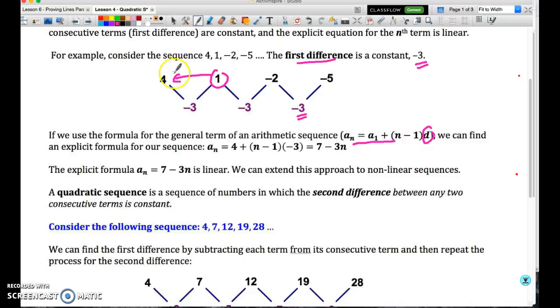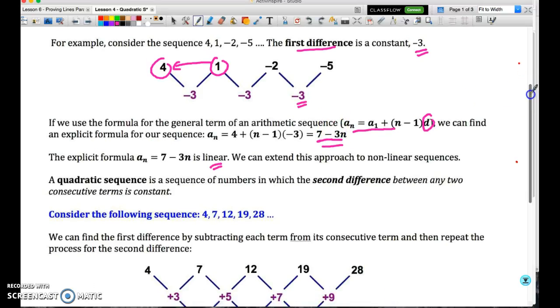So I substitute that in. Obviously we have 4 as our first term. Simplify the expression and we're left with 7 minus 3n as our explicit formula, and this of course if we were to graph this would produce a line, of course with a limited domain, but the function is linear.